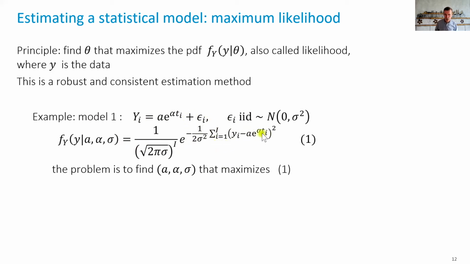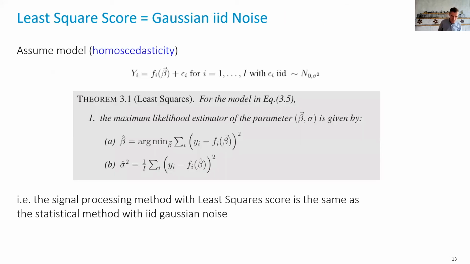So now the problem becomes how to maximize this quantity, where the optimization variables are A, alpha, and sigma, and where y is my data point. So I plug into this the values that I have observed, and I maximize this with respect to the parameters. In theory, we can do it by calling any optimization method, but for this type of model there is a very simple result.